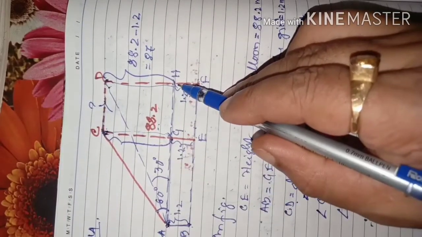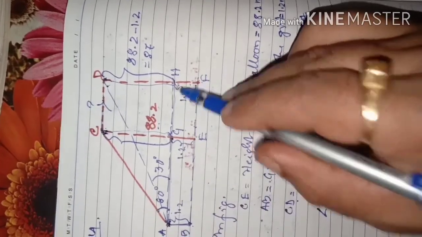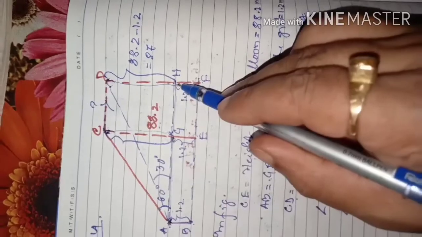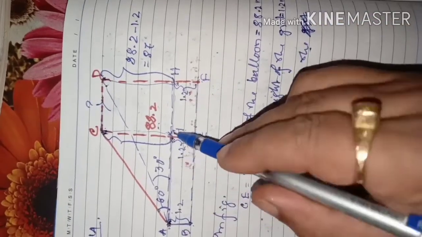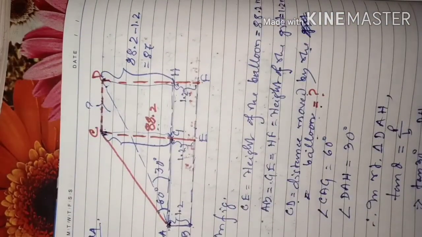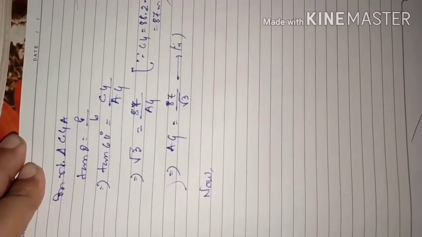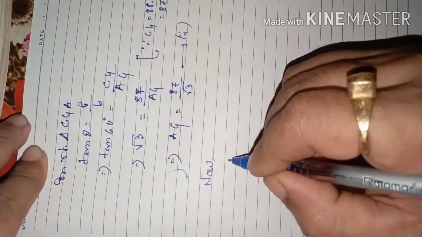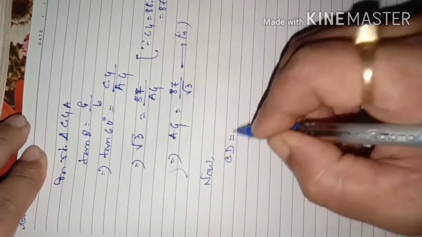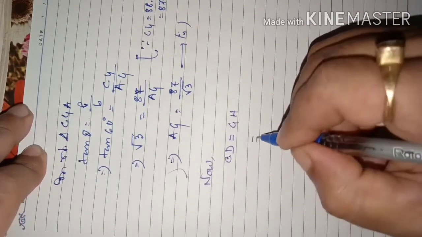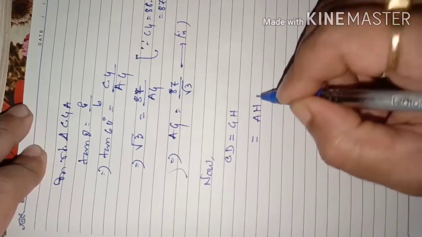Look at the diagram. AH is the whole from here to here, and the AZ is from here to here. If from AH we cut AG, then GH will be there, which is same as CD. Now we'll write the expression for CD. CD is equal to GH is equal to AH minus AG.